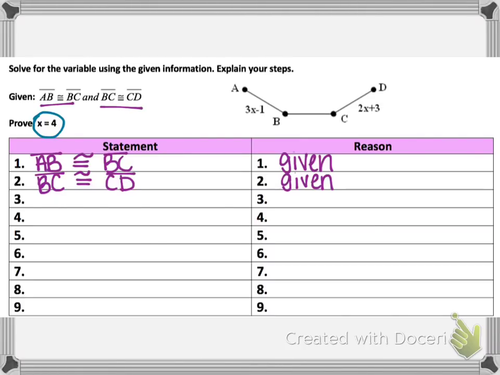So now let's first look at our given and see what we know. So we know that AB, so I'll put a little tick mark on AB, is congruent to BC. So I'll have a little tick mark on BC. And then I know BC is also congruent to CD, so I'll put a little tick mark on him. What you might notice is that now I know each one of those segments is going to be congruent. So then I'll know that AB will also be congruent to CD. AB is congruent to CD.